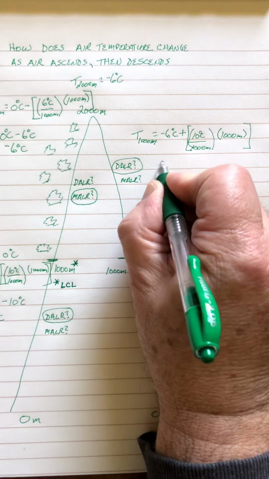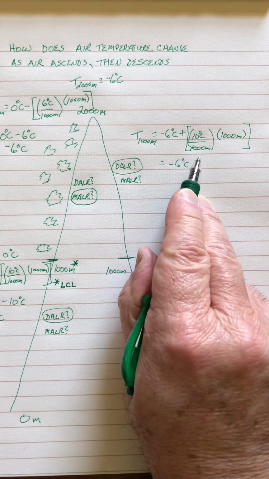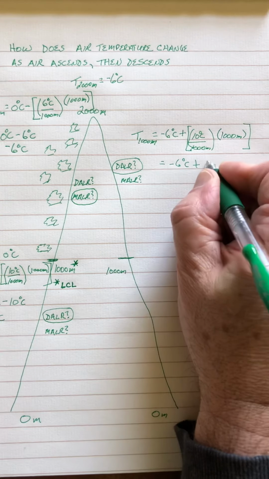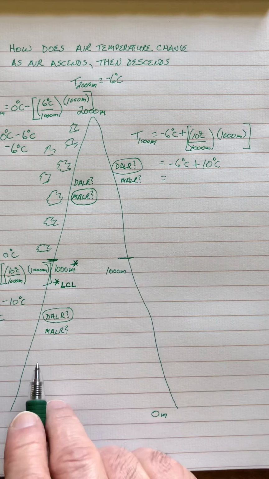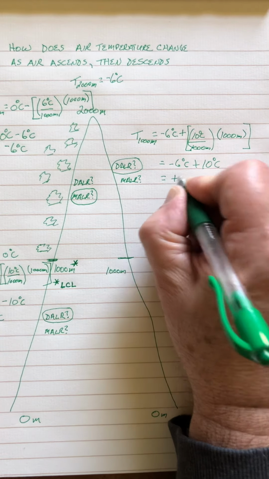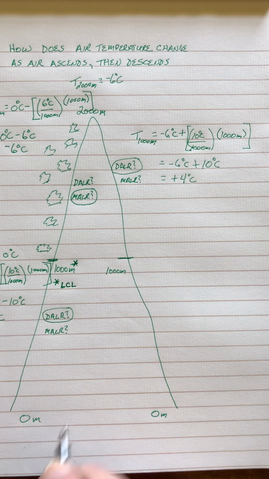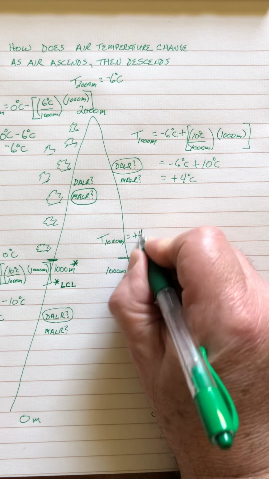Okay, and so we've got minus 6 degrees C plus 10 degrees C per 1,000 meters. We're changing by 1,000 meters, so this air will warm by 10 degrees C. So the air at 1,000 meters will be at plus 4 degrees Celsius. Okay, so there we are at 4 degrees C. Temperature at 1,000 meters on the leeward side of the mountain will be plus 4 degrees C.